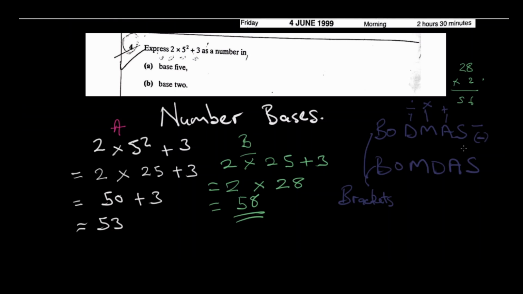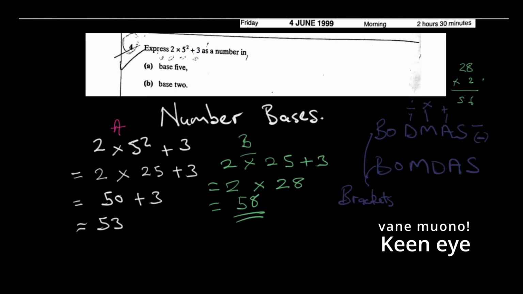What this entails is that when you have an expression where different arithmetic operations are put together, this is the principle you should follow in order to solve it. You solve what is in the brackets first, then you divide, multiply, add, or subtract. That is according to BODMAS. According to BOMDAS, solve what is in the brackets first, then multiply, divide, add, or subtract.